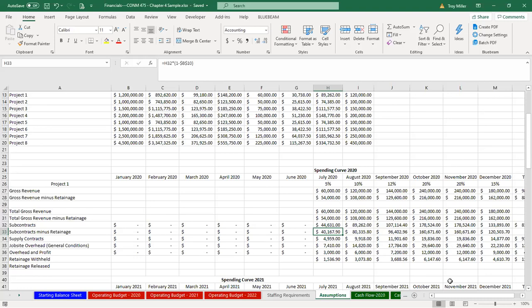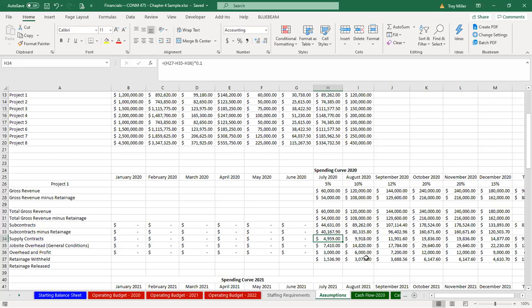And then, really quickly on the supply contracts. Typically in a supply contract, your suppliers will not allow you to withhold retainage on them. I've never seen many supply contracts where I, as a general contractor, can withhold retainage for that supply.